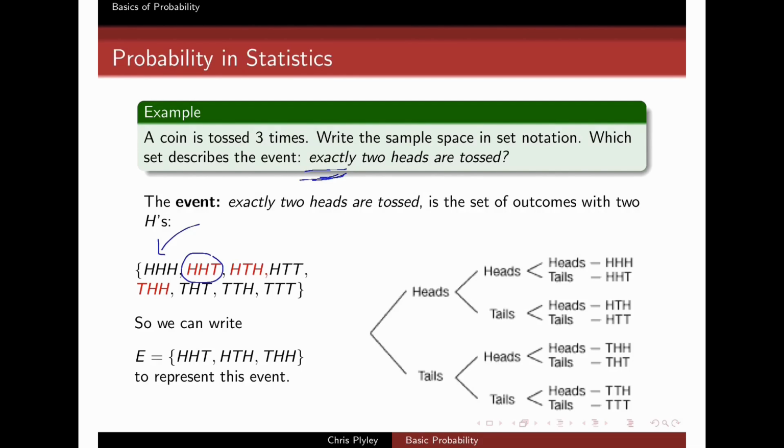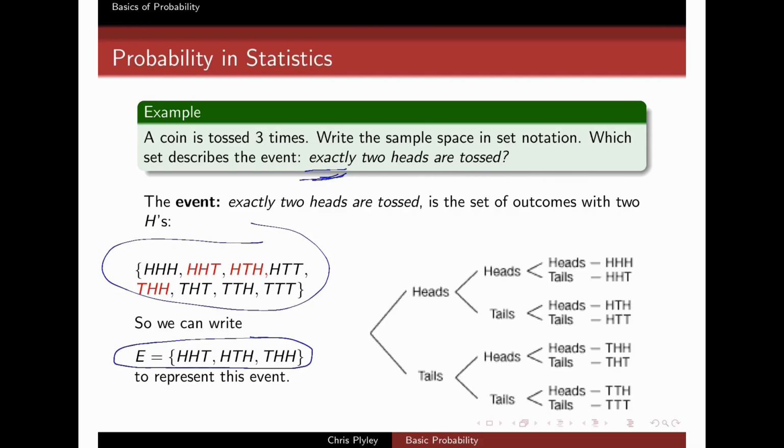Here I've tossed 2 heads and a tail. Here I've also tossed 2 heads and a tail, just in a different order, and here as well, right? So in this particular case, there's 3 different ways that I could toss exactly 2 heads. And so the event would be this little set here: HHT, HTH, and THH. And remember, the whole idea is that this has to be a subset of my sample space right here.